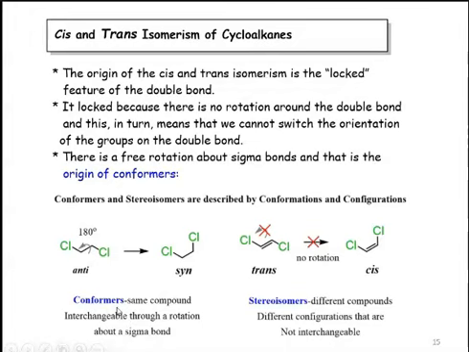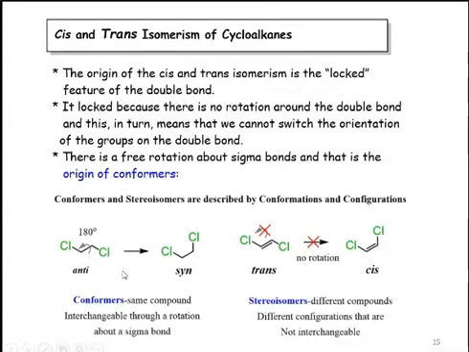These conformers can be summarized as the same compound having interchangeable functional groups because of rotation through a sigma bond. The term conformer, I repeat. What are conformers?